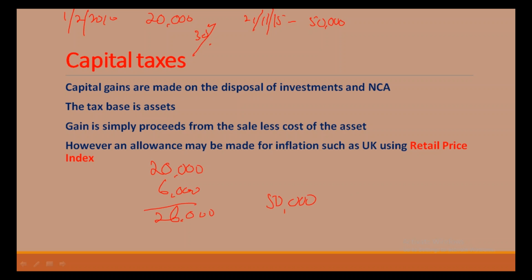Okay. Your capital gains is 24,000. And on that, the 30% tax is 7,200. These are the type of questions they might put up on capital taxes. You will have 1 or 2 questions in this area. This is what you have to do. Okay.